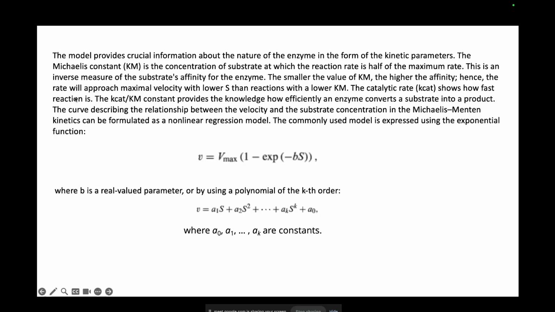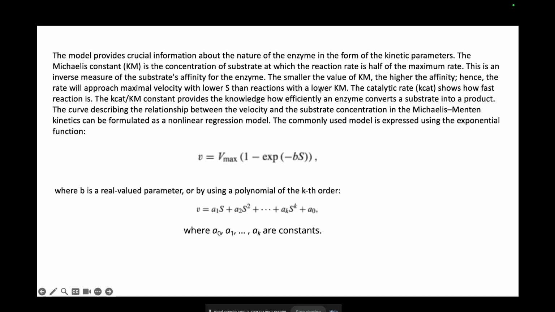Again, this model provides crucial information about the nature of the enzyme in the form of the kinetic parameters. The Michaelis constant, as I was saying, is the concentration of the substrate at which the reaction rate is half the maximum rate. So basically, for Vmax by 2, the corresponding substrate concentration is given by this constant, which is Km. And this is an inverse measure of the substrate's affinity for the enzyme.